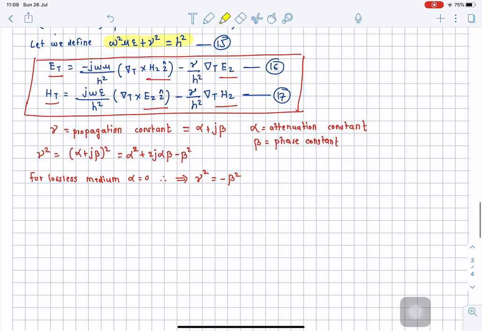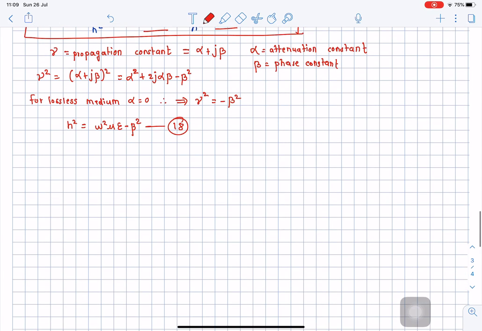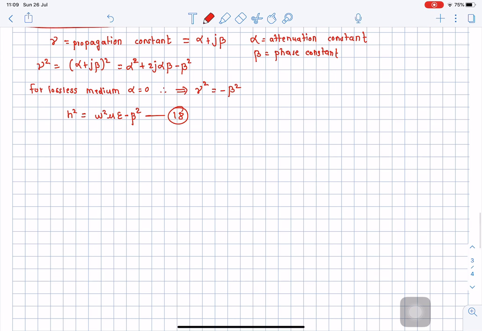So we get h square is equal to omega square mu epsilon minus beta square. Let us call this equation number 18. Now the next procedure is to find the expression for the curl operation in 16 and 17.